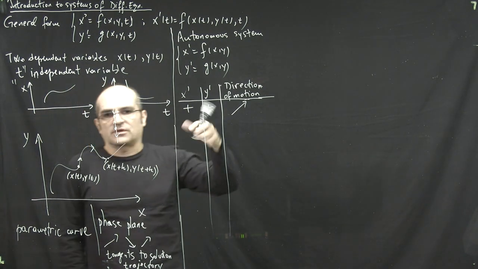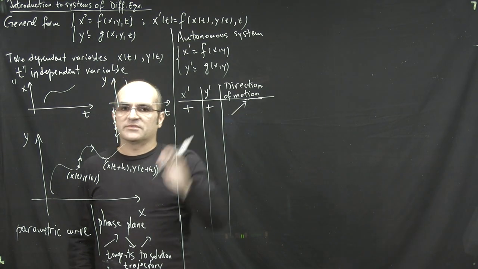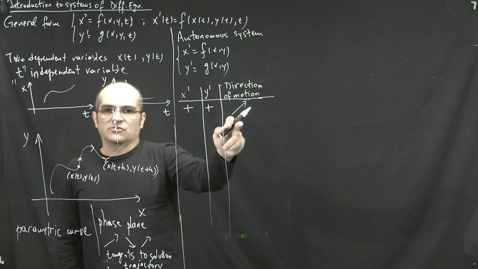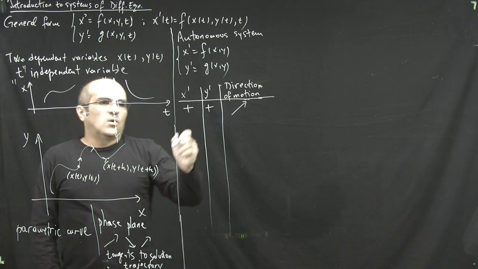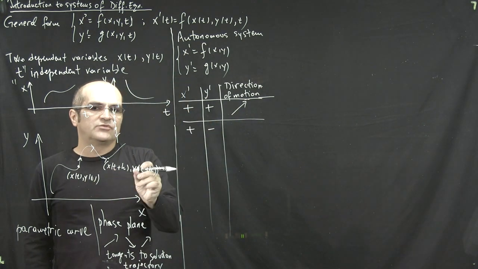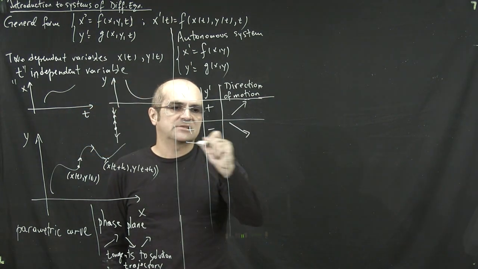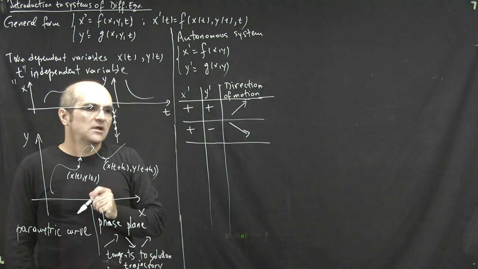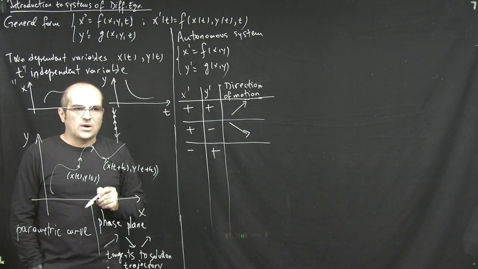Or conversely, if you look at the arrow, you know immediately the sign of the derivatives just based on the direction of the arrow. So other possibilities: plus, minus, so that means you still move to the right, but y decreases, so the arrow points right and down. Let's say negative derivative for x and positive for y.